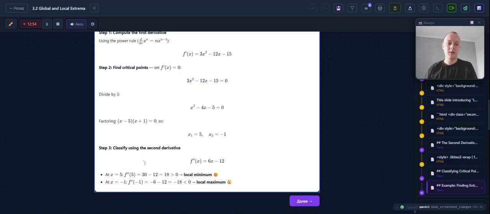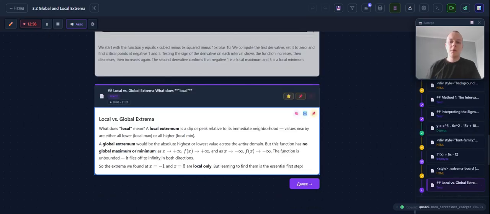All right, we found a way to find the extreme points, but we don't know how to define if this particular point is a local or global extrema. As I said in the beginning, global extrema would be the absolute highest or lowest value across the entire domain, the entire function.